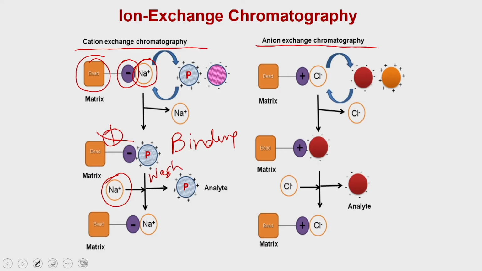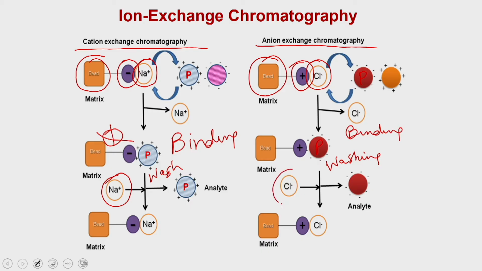Compared to this, in anion exchange chromatography it is exactly the reverse. You have the beads with a positively charged functional group which is protected by the chloride present in the buffer. Once you add the protein, it is going to replace the chloride and bind. So, this is your binding stage. Now, at this stage you can do a washing, just as we discussed for the cation exchange. Once you do the washing, it is going to remove the non-specific molecules.